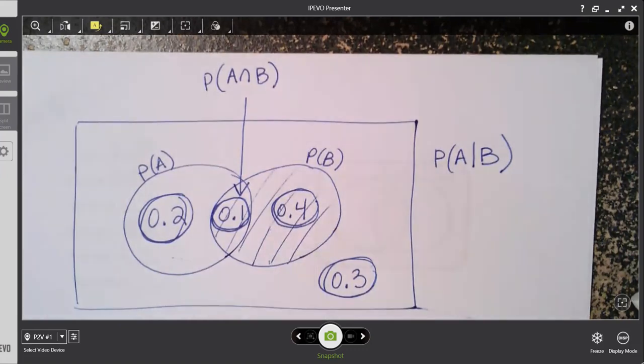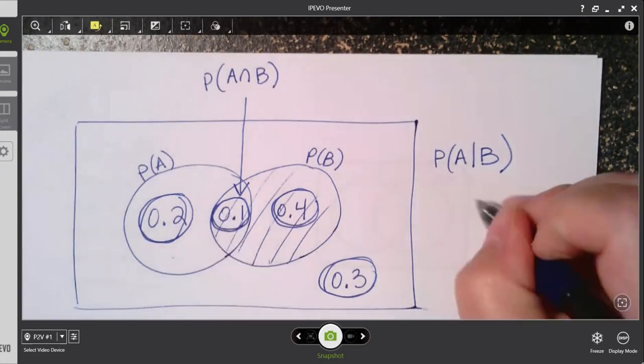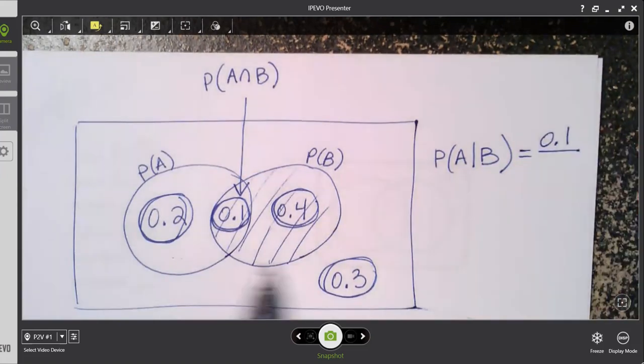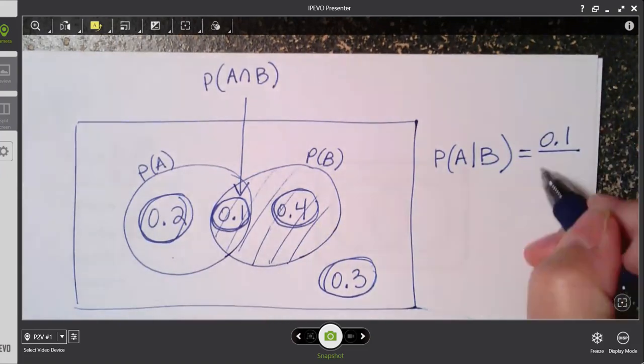Probability of being in A given that I'm in this circle. Well, the ones that are in this circle, this whole circle that are in A, are this right here. So this is 0.1 out of the whole circle, and the whole circle is 0.5.